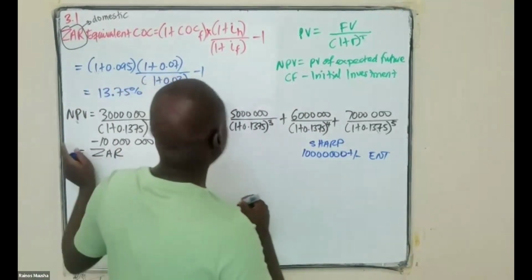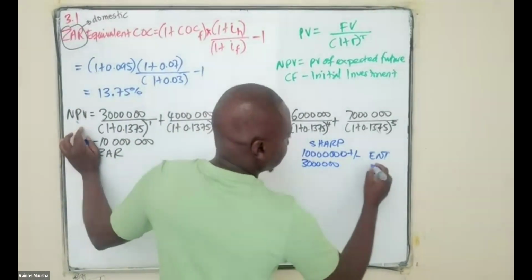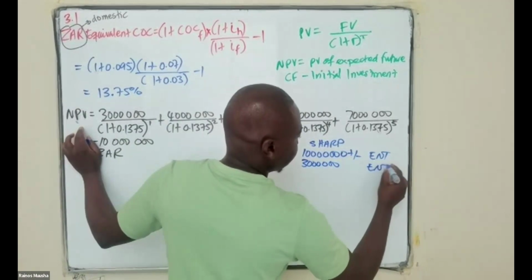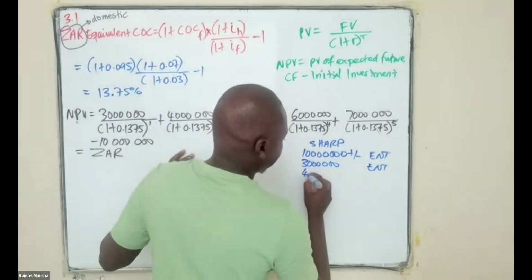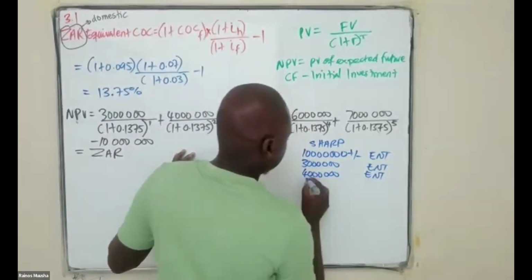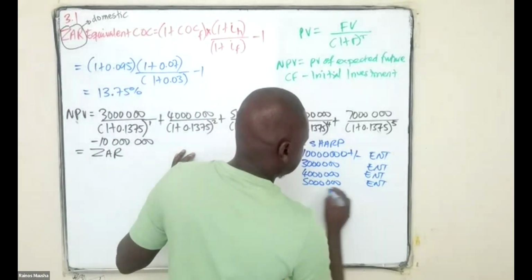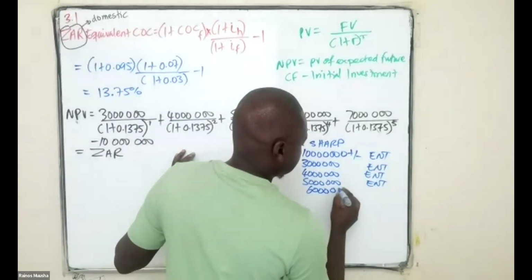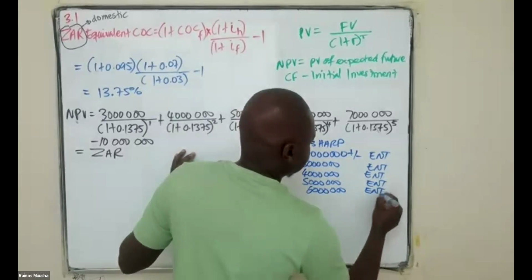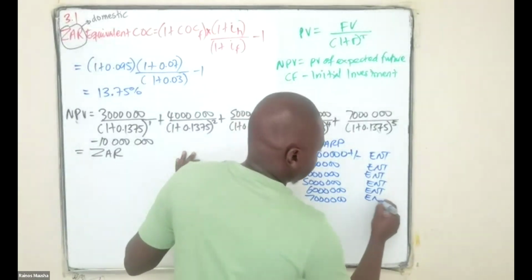Then there you're going to say 3 million. It's a positive cash flow. So you just press enter. Then 4 million, press enter. 5 million, press enter. 6 million, press enter. 7 million, you press enter.